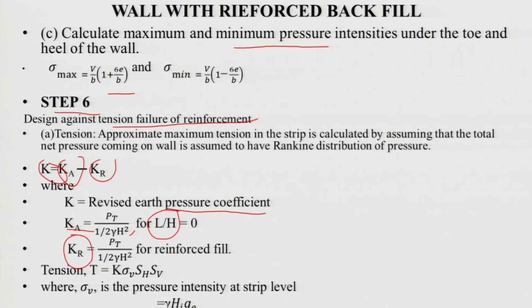KR is equal to PT divided by half gamma H square for reinforced fill.